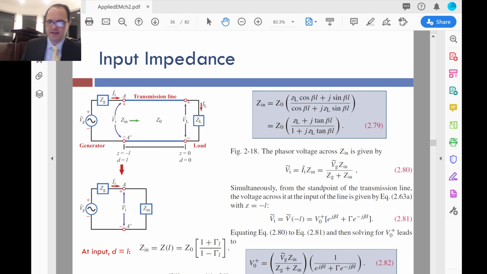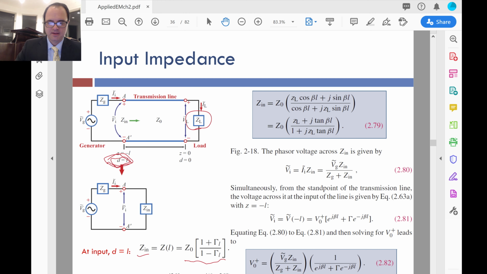But now if you let D go all the way back to the source, so D is equal to L, that's an especially important number, and that's called the input impedance of this whole transmission line. That includes the transmission line itself, but also the load. So we take that wave impedance formula that we had on the prior page, and let D be equal to L, the total length of the line, and then we label that as Z sub in, the input impedance.